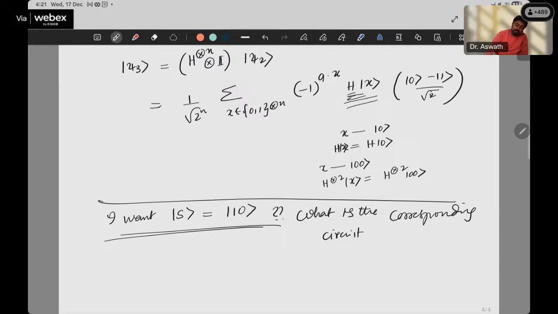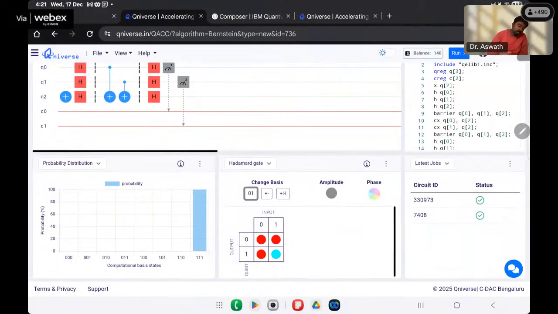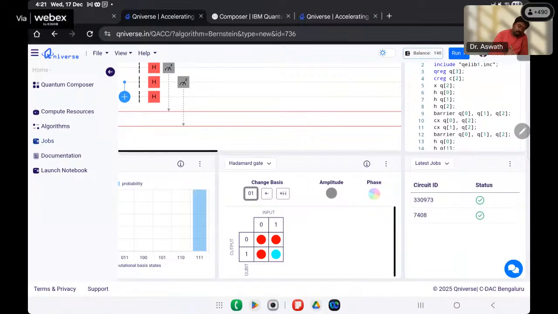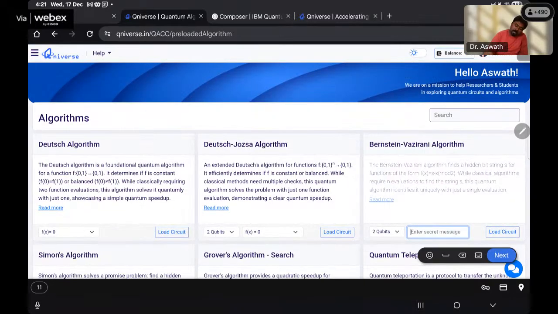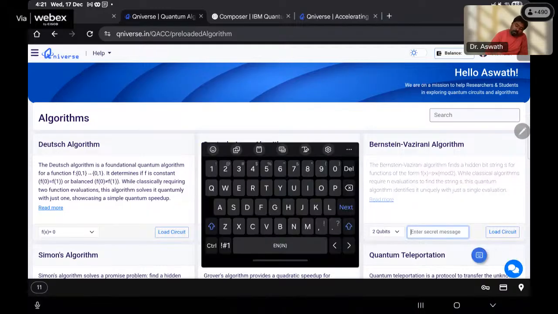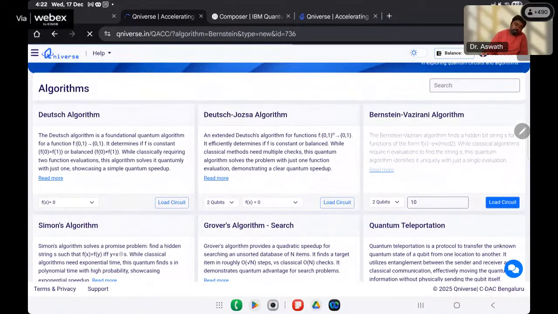You can come up with this circuit by trial and error. Lucky for us, it is being done already. Go back to algorithms, and instead of 1 1, you enter 1 0. Next. Load the circuit.